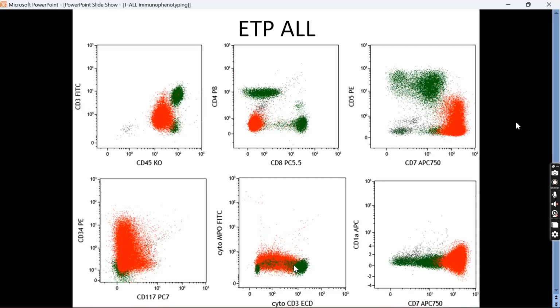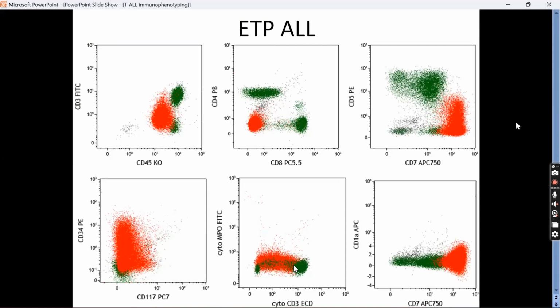Any doubts? Sir, can HLA-DR be considered a stem cell marker? Yes, you can consider it, though not as a stem cell marker. It can come positive in ETP-ALL. If you ask me, taking HLA-DR as a stem cell marker, I don't agree.